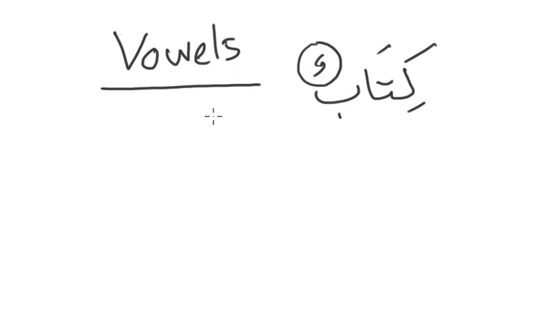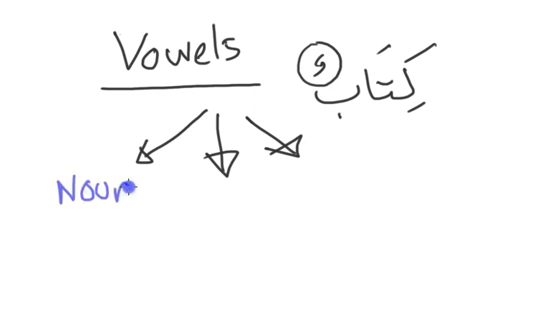So first of all, in the Arabic language, all the words are one of three types. Let me change color. One is a noun, we call ism.